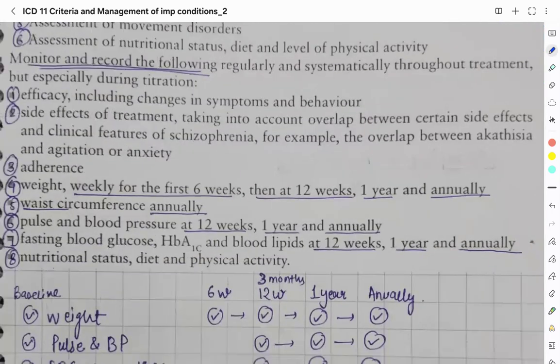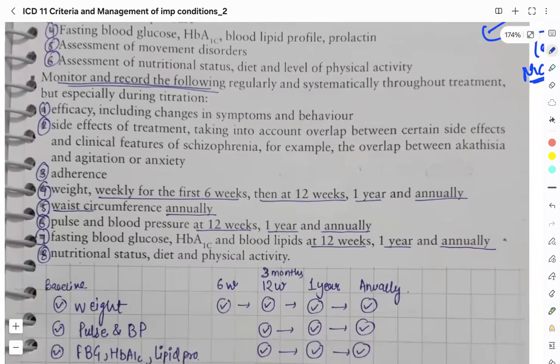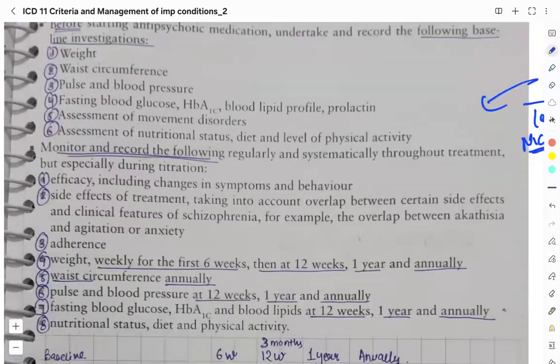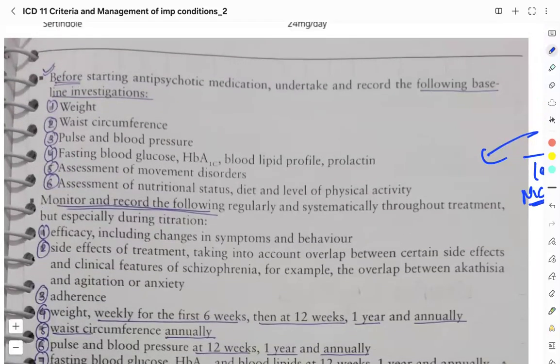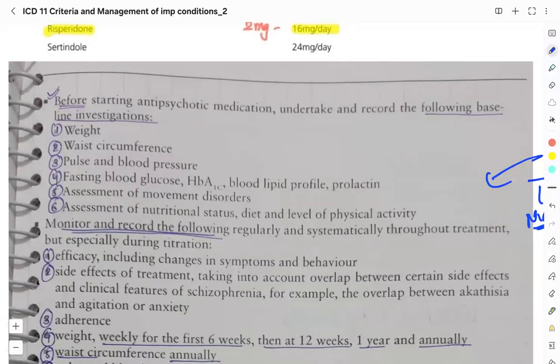So when you're starting a patient on antipsychotics, what are the things that you need to take care of? What are the baseline investigations that you need to do? You have to take the weight, height, and BMI of the patient. You have to check the waist circumference, pulse, blood pressure. Well, diabetic profile. They don't write diabetic profile, but you can learn it that way. Fasting blood glucose and HbA1c.